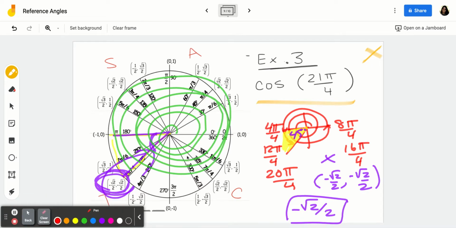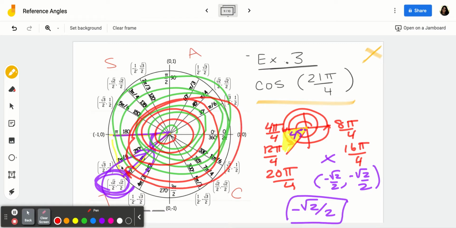Or you can travel backwards, go backwards this way, and as long as you end up at this spot, you will use these numbers as your reference angle as your value. So cosine of 21 pi over 4 is equal to negative square root of 2 over 2, same as 225 degrees. Same exact thing as 225 degrees.